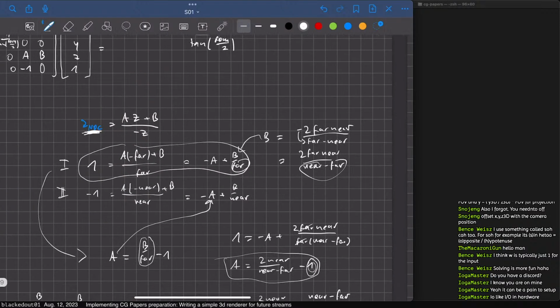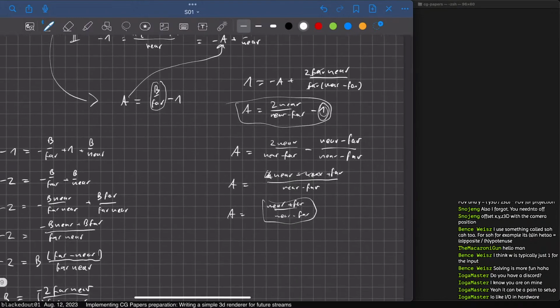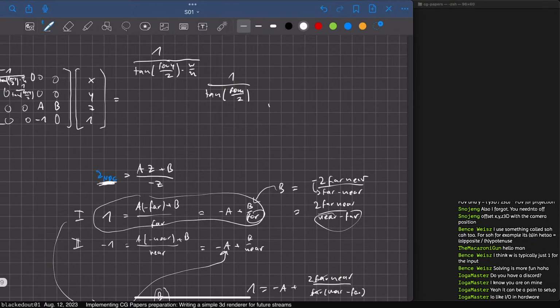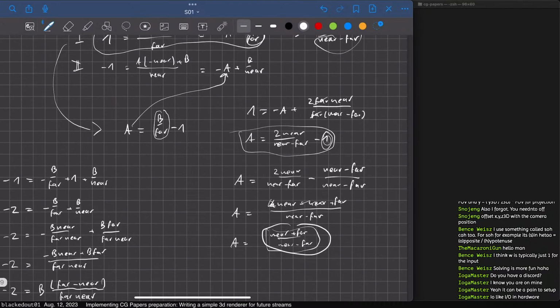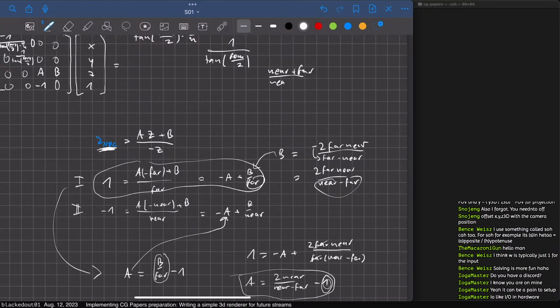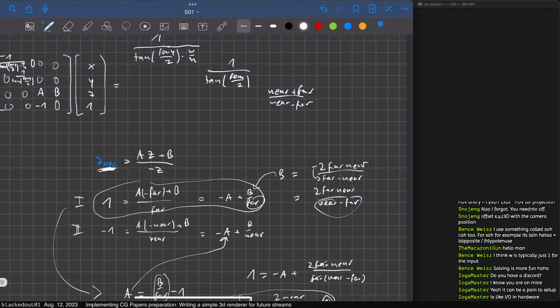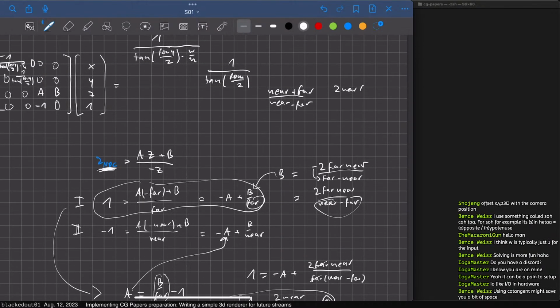And then a is near plus far divided by near minus far. And then b was just 2 times near times far divided by near minus far.